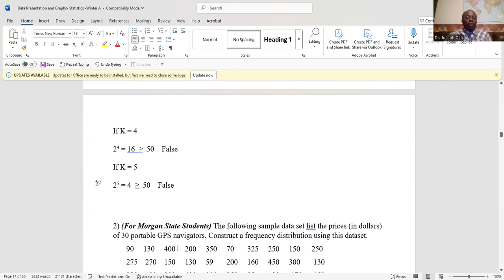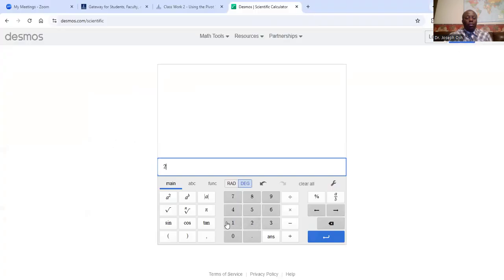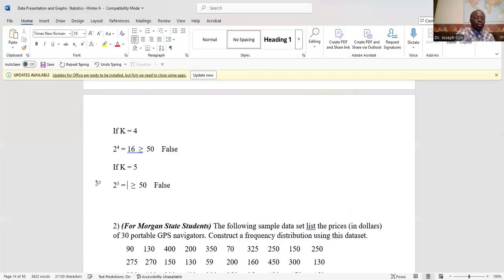That one I'm gonna need a calculator. 2 raised to the power 5 is 32, which is still false.